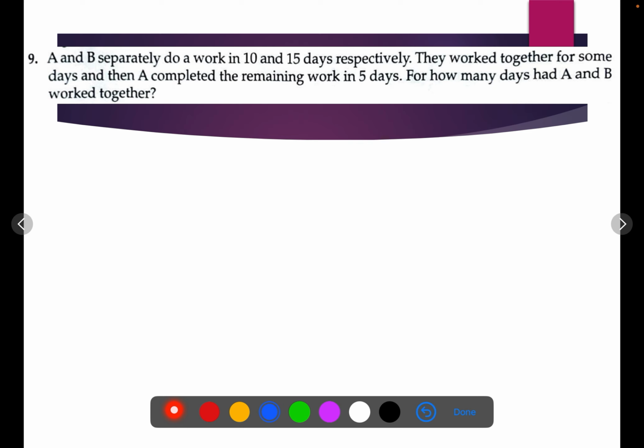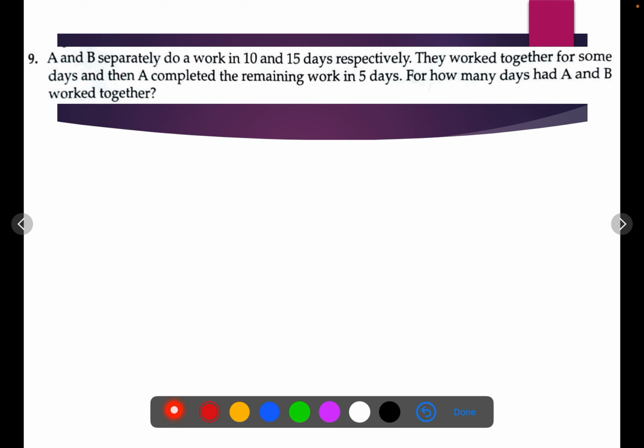Question number 9. A and B separately can do a work in 10 and 15 days. They worked together for some days and then B completed the remaining work in 5 days. For how many days had A and B worked together? Now it is asking for how many days they have worked together.